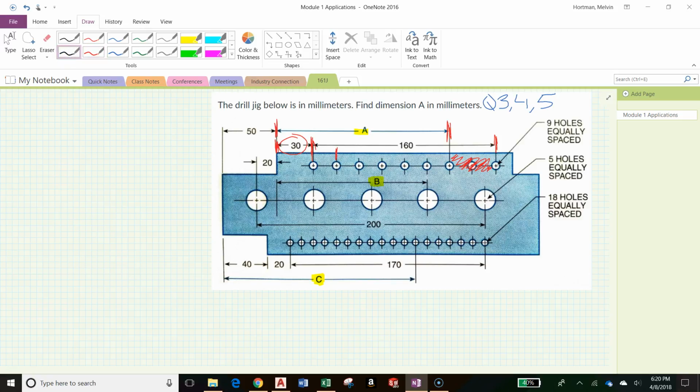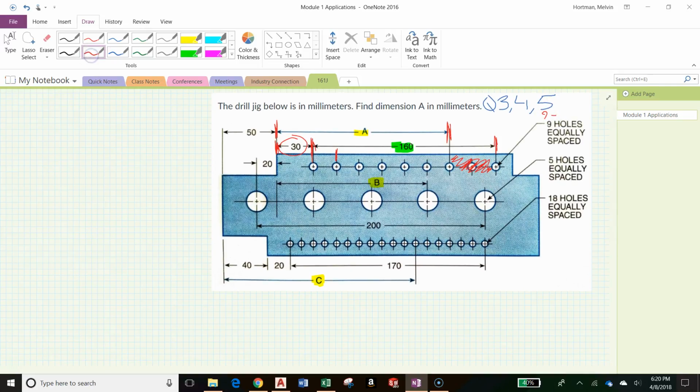To find the spacing between the holes, we take the total distance, which is 160, and then we divide it by the number of hole spacings, which is not going to be 9, it's going to be 9 minus 1.